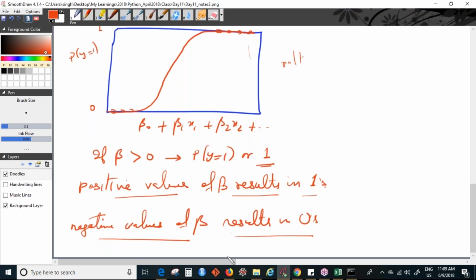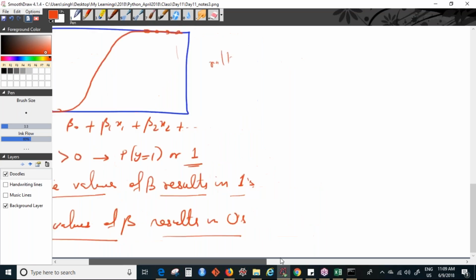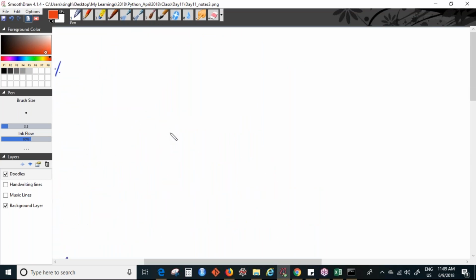So for example, you will understand this once you are doing something yourself. So let's say you are trying to predict whether somebody will default on their loans or not. Okay. And you have, let's say, age. So what do you think? Will age have a positive beta or will age have a negative beta? Let's say age has a positive beta.